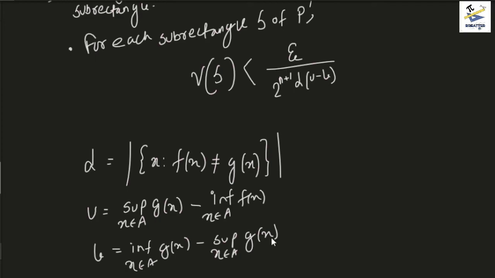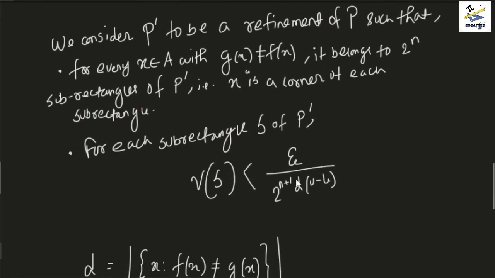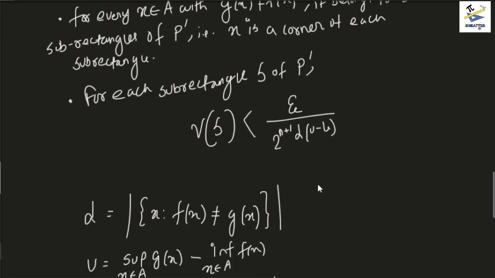So these are our definitions, right? And this partition is made such that the volume of each subrectangle is less than epsilon, and you see the epsilon by 2 from here comes from this epsilon by 2, and it gets multiplied with 1 by 2 to the power n into 1 by (U minus L).